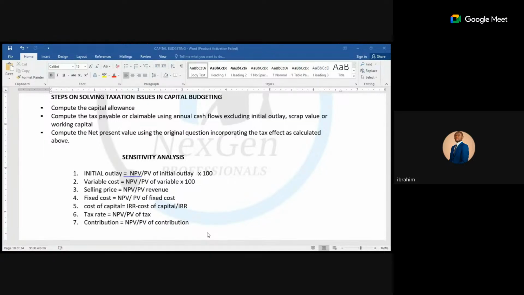You calculate it maybe 20% or 30%. You should not allow it to increase more than that 30%. Because if it increases more than that 30%, what is the implication? The implication is that the NPV may either become zero or negative.